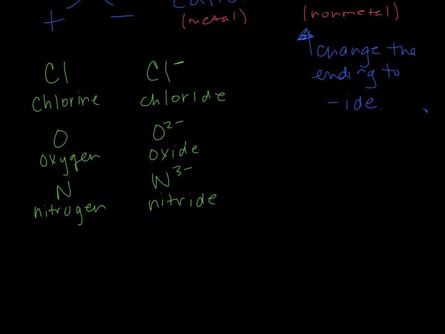And then we've got hydrogen, so H minus would be hydride. So that's how you can know, because hydrogen can be plus or minus one. If it ends with "ide," then it's the negative one because that's the anion.